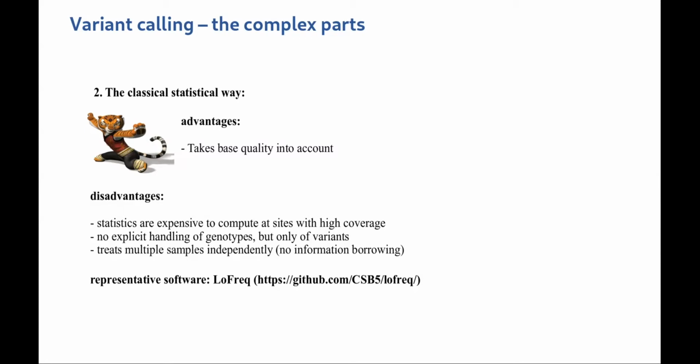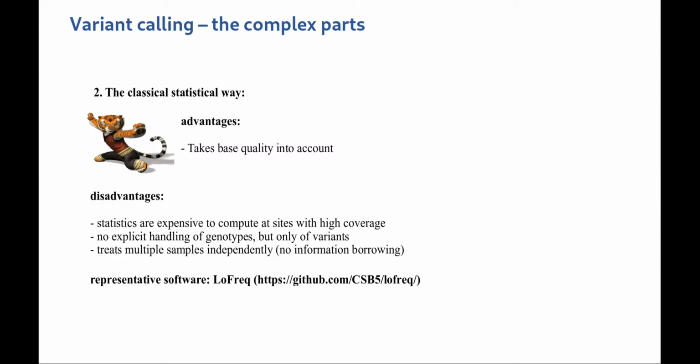Representative software for this kind of variant caller is Lofreq. There's a GitHub repo that you might want to check out. It's C++ source code, relatively easy to read. Most of it is implementing those statistical formulas in code, and it's considered a very accurate and sensitive variant caller, a bit slow running at high coverage sites, and it doesn't call genotypes.